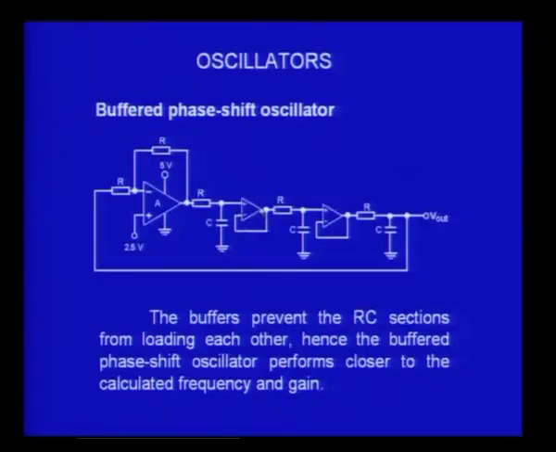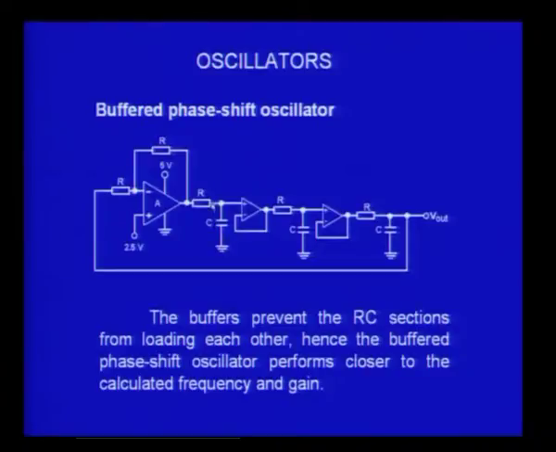For that I have used a unity gain buffer, which you know is a very good circuit to produce very high input impedance and very low output impedance with a gain of 1, and therefore they only provide high input impedance here. It is so high that the reactive component due to C is the only contribution to the resistance here, and therefore the effect of all the rest of the things that is connected will not be felt here.